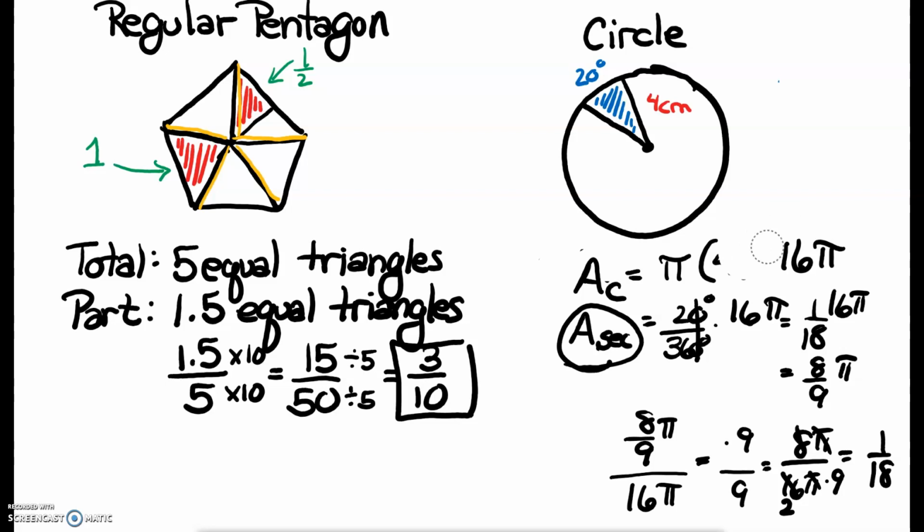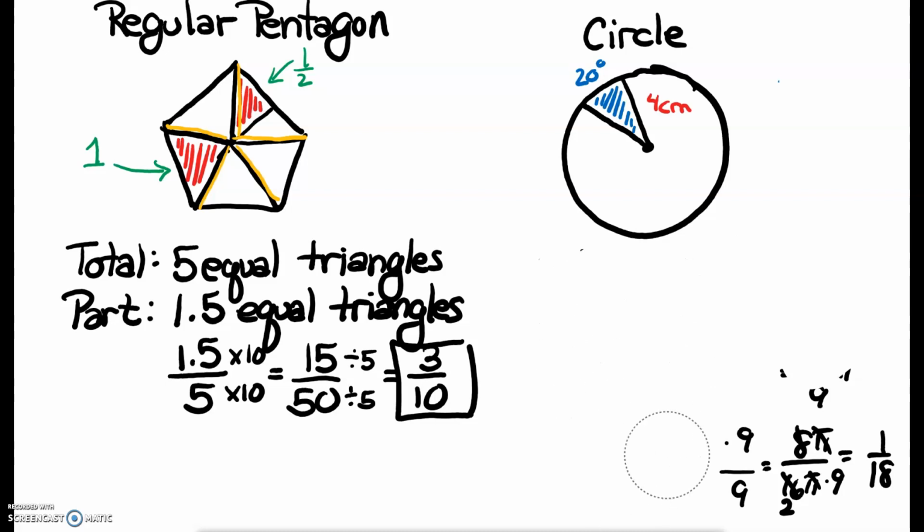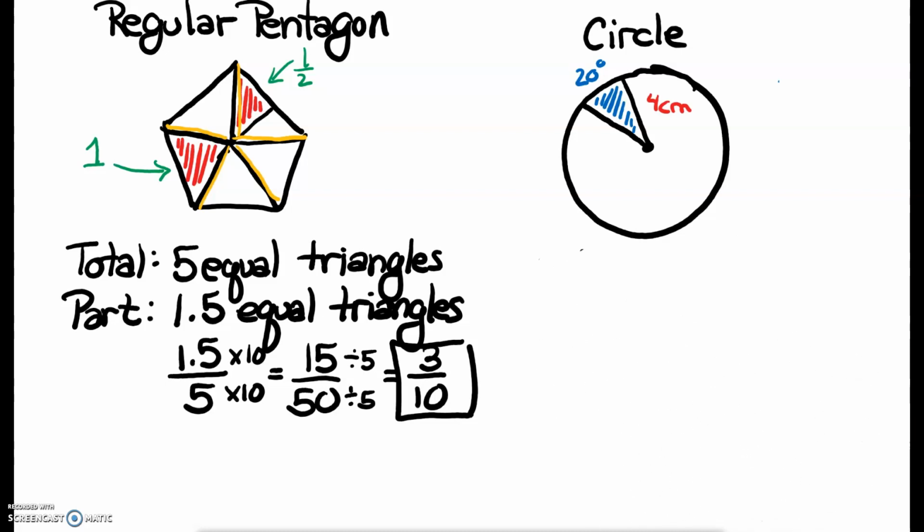All right, so let's talk about an easier way of doing it. Instead of finding area, okay, so I'm going to erase that. That is one option. You can do that calculation. The other option for a problem like a circle is I notice that 20 degrees goes into 360 nicely.